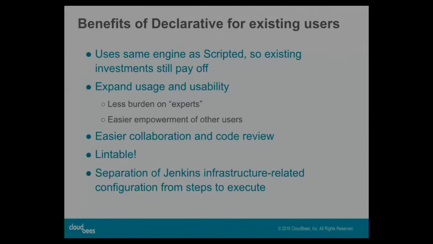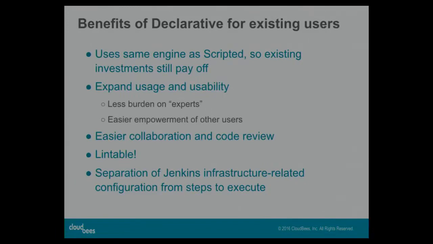And we also think there's real value in separating the Jenkins infrastructure-related configuration, like what are my agent names, what tools do I need installed, from the step execution, so that you don't have the configuration interwoven with the build steps.